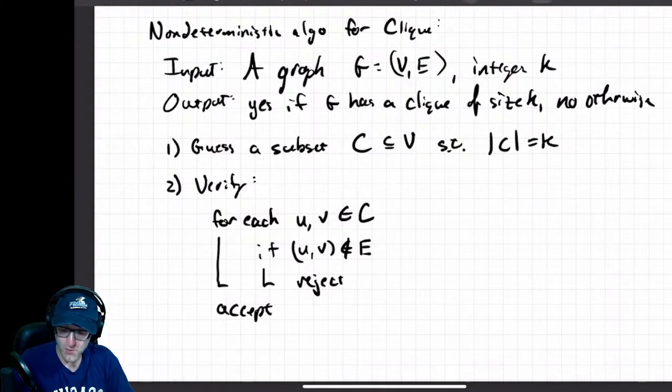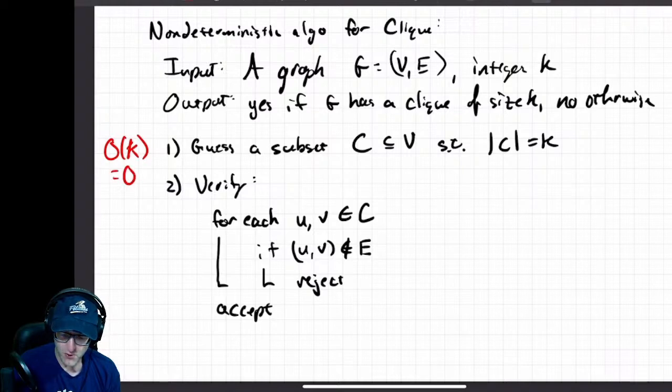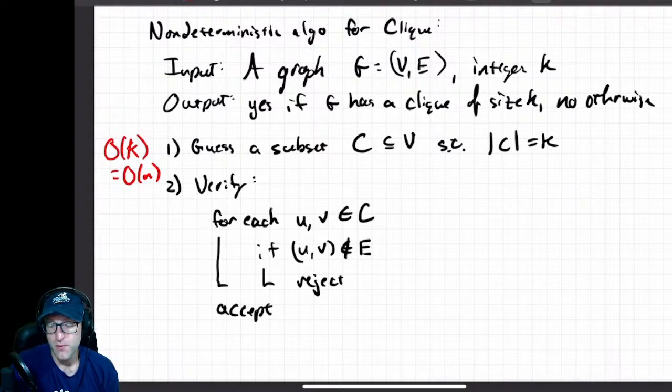So all we have to do is show that this runs in polynomial time to establish that it's in NP. Well, the guessing is going to be order k, which is at most order n. If you're looking for a maximal clique, the maximum that a clique could be would be all vertices, which would be a complete graph, and so k is bounded by n.